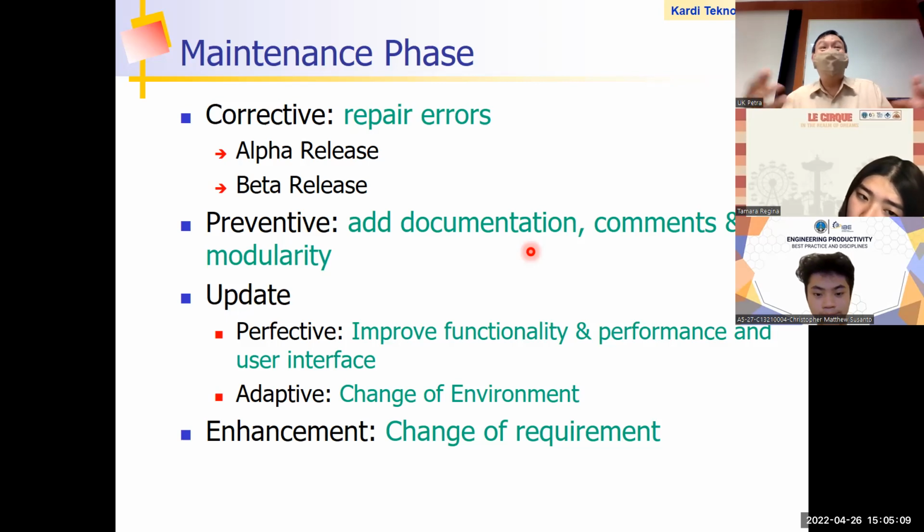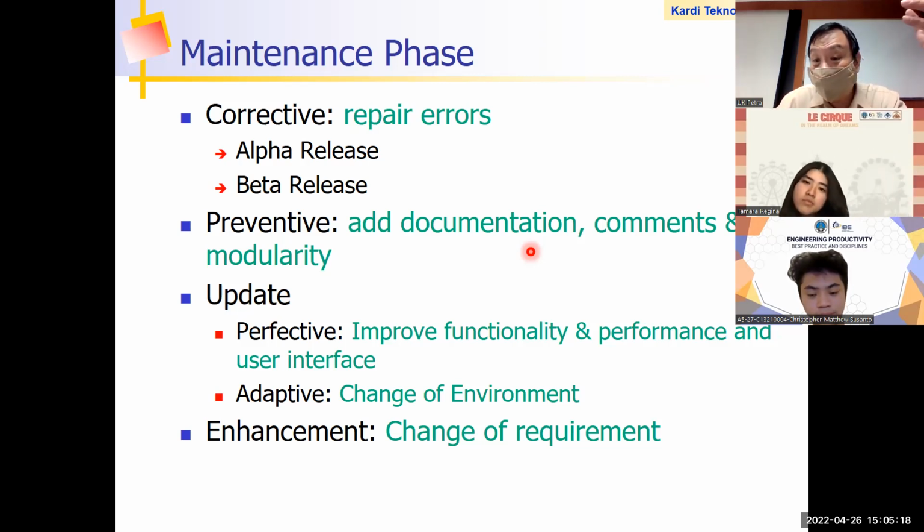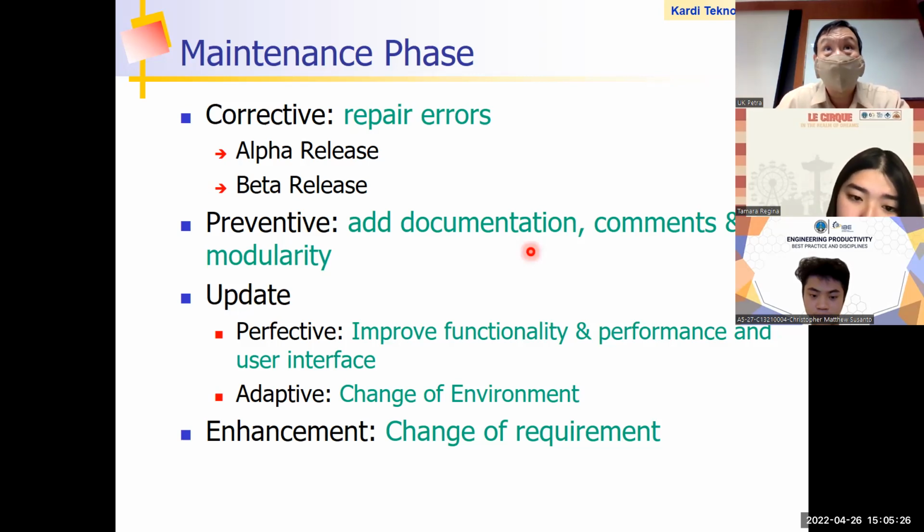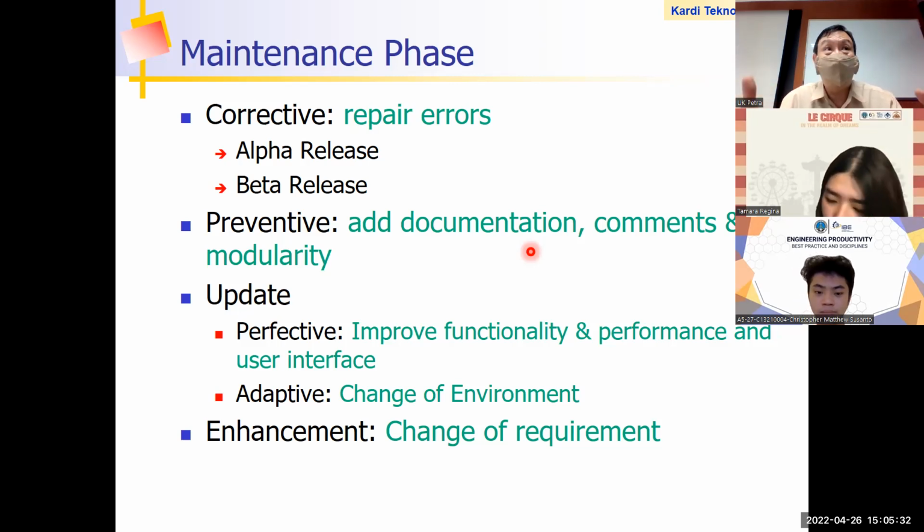They just want to show off: oh, my code is difficult, so you cannot read it. That is exactly the opposite. The code must be easy to read, full of documentation, so that any other people can read it and understand, because the largest phase in software development is actually maintenance. That's why we have what is called preventive maintenance.